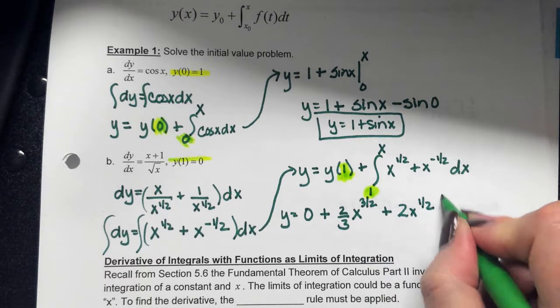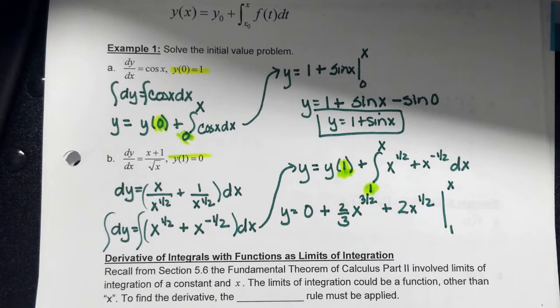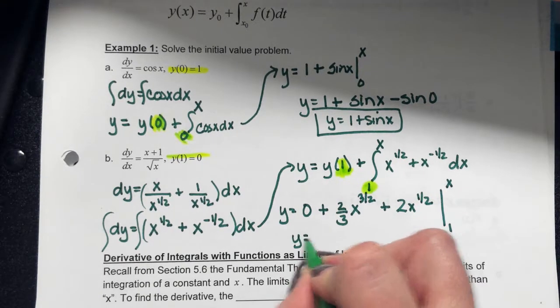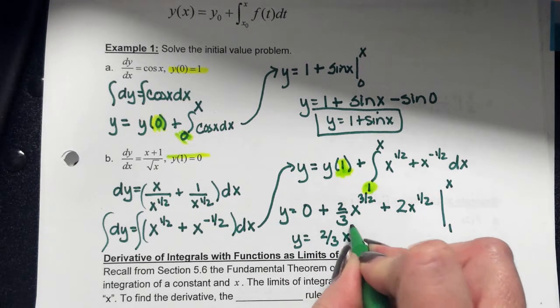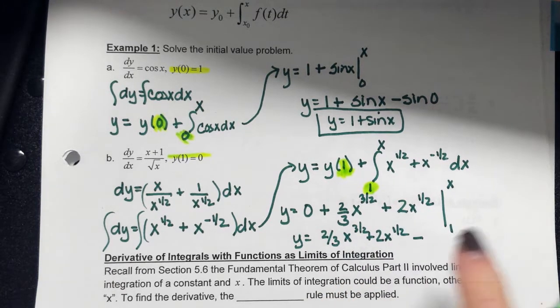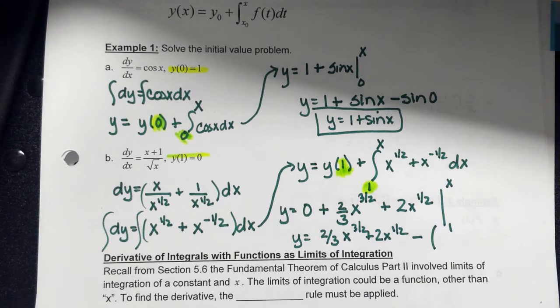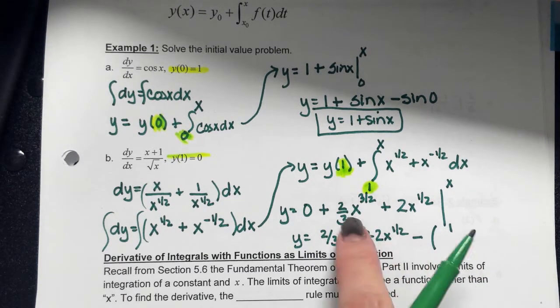And again, I need to evaluate this from uppercase X to 1. So then y is going to be equal to 2/3 x to the 3/2 plus 2x to the 1/2. Now remember, your lower bound is not a 0. So minus. Make sure you open up a set of parentheses, and I want to plug a 1 in.